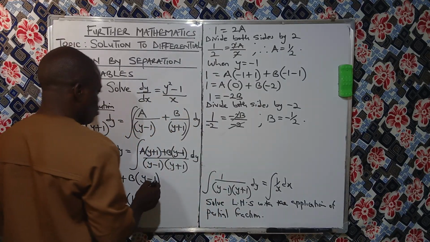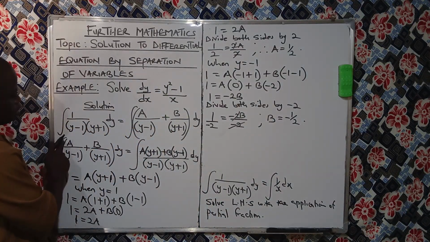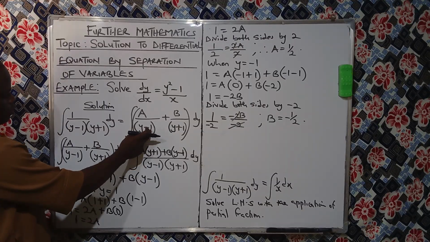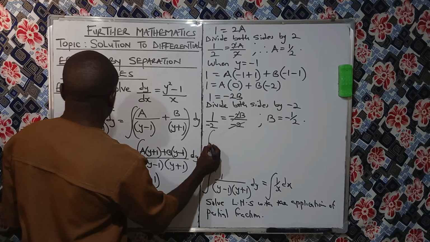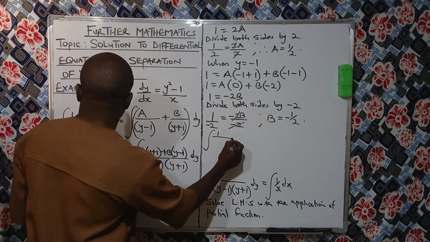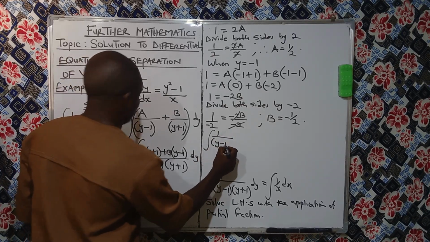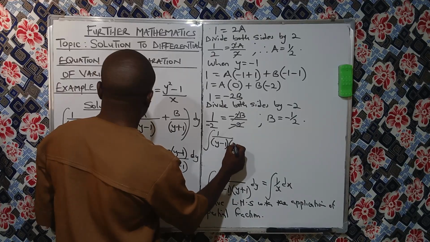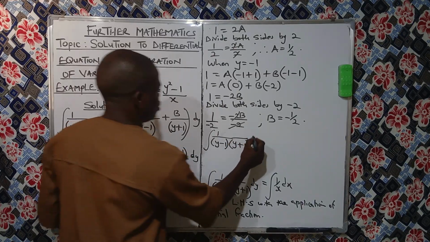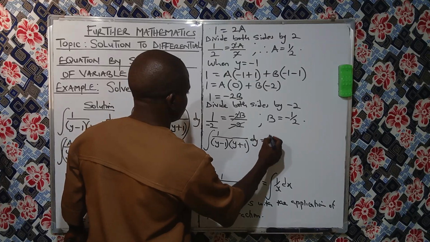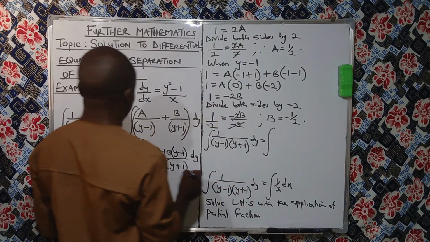Now, you go back and substitute your expression into what you have here at the left hand side. Integral of 1 over y minus 1, close the bracket, y plus 1 dy equals integral. What's our a?